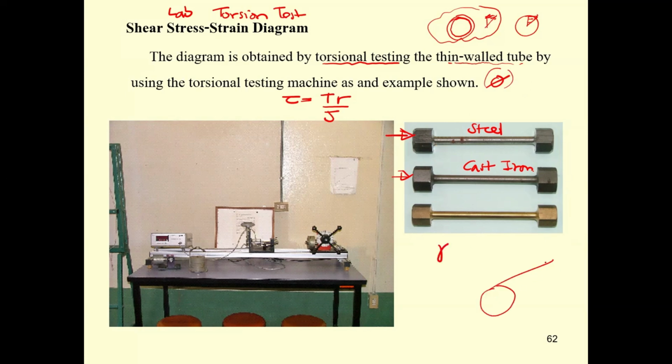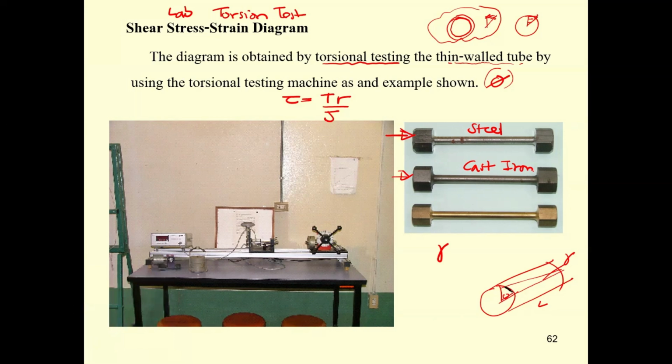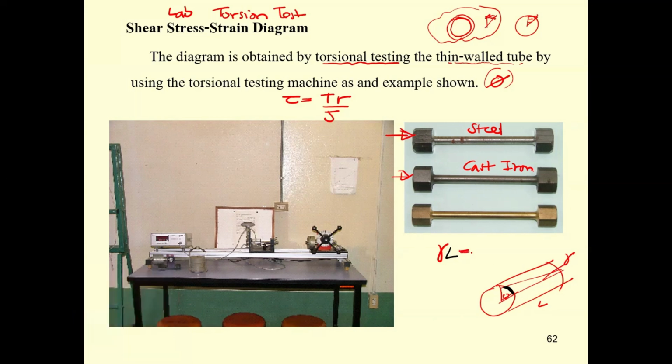Based on what we have from the previous one, this is going to be the angle of twist, and this is going to be our shear strain. The length over here is going to be L. So for a given distance over here, we will compute it by shear strain times L, which is equal to phi times radius R.